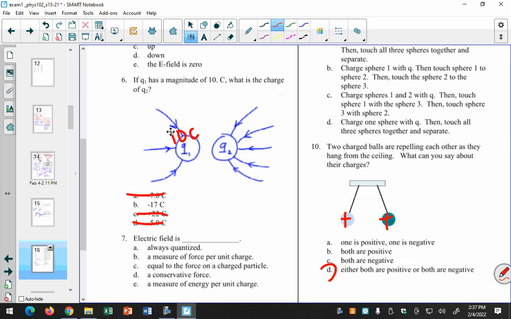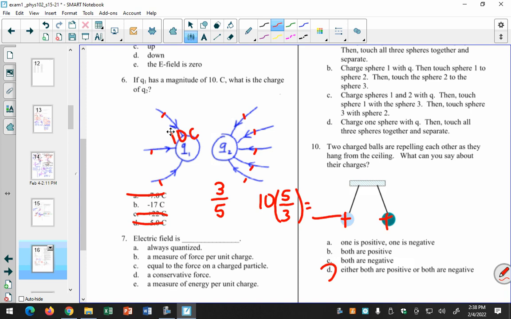But let's show how we can get the charge for Q2 exactly. Because I know that the ratio of these two charges has to be 3 to 5, because there are 3 lines over here and 5 lines over here. So if Q1 is 10 coulombs, it's easier to say that the ratio is 5 to 3. You follow what I'm saying? So 10 times 5 to 3 will give me the charge.